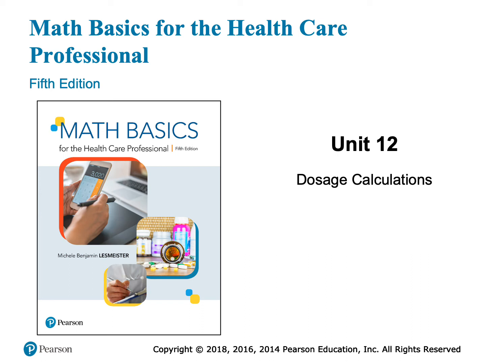So that concludes our review of conversions of the apothecary system. And now we're going to move into talking about dosage calculations. So at the end of this chapter, we should be able to calculate dosages with the dosage formulas that you've been given and/or dimensional analysis.